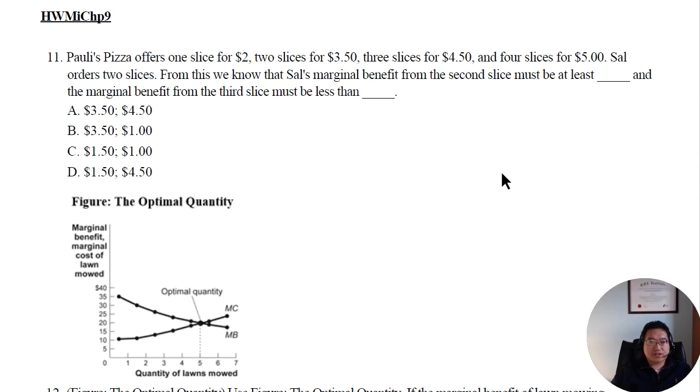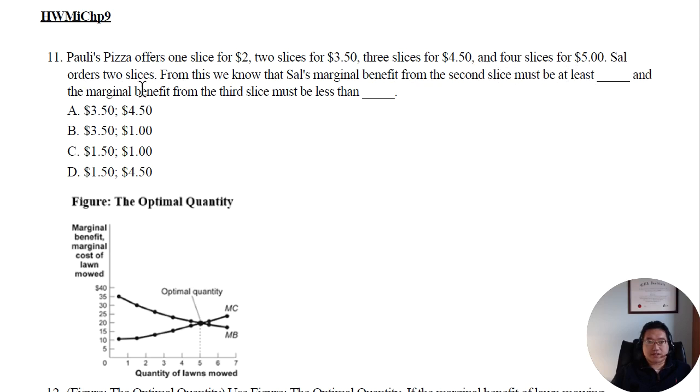This is question 11 to question 15 for the assignment of chapter 9. Let's look at question 11. Pauli's Pizza offers one slice for $2, two slices for $3.50, three slices for $4.50, and four slices for $5.